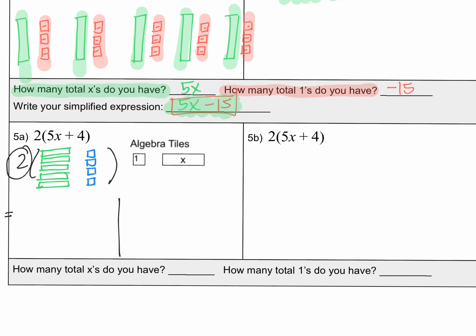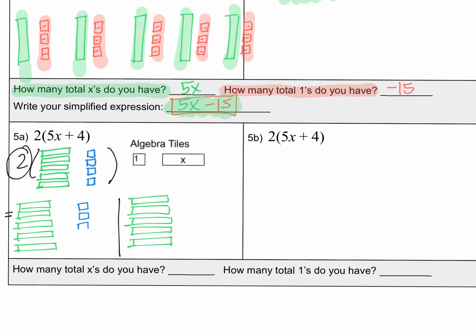So we're going to redraw this 2 times. So again, 5x pieces, and then 5x pieces again. And same thing for our ones pieces, 4 ones pieces, and then another 4 ones pieces.